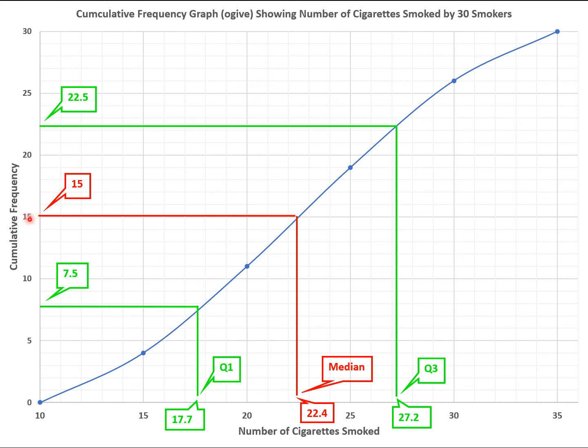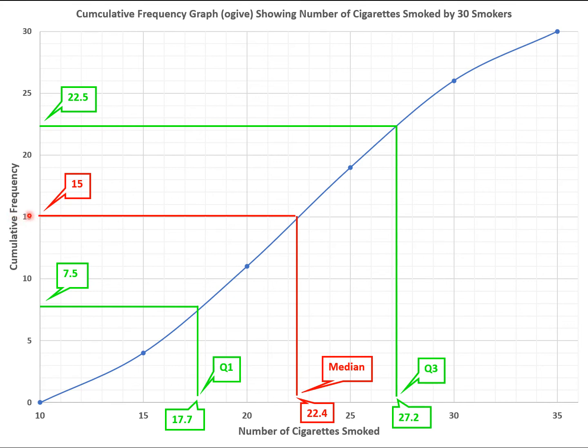So if you want to see the median point, you go down halfway. We have 30 observations, we go down to 15. But remember always, in statistics, it's an estimate. Don't show it to 2 decimal places.